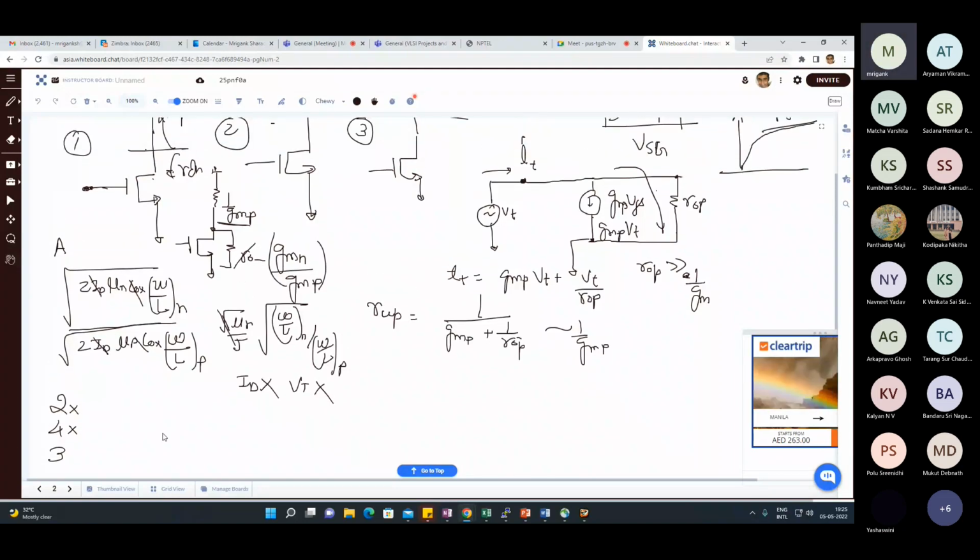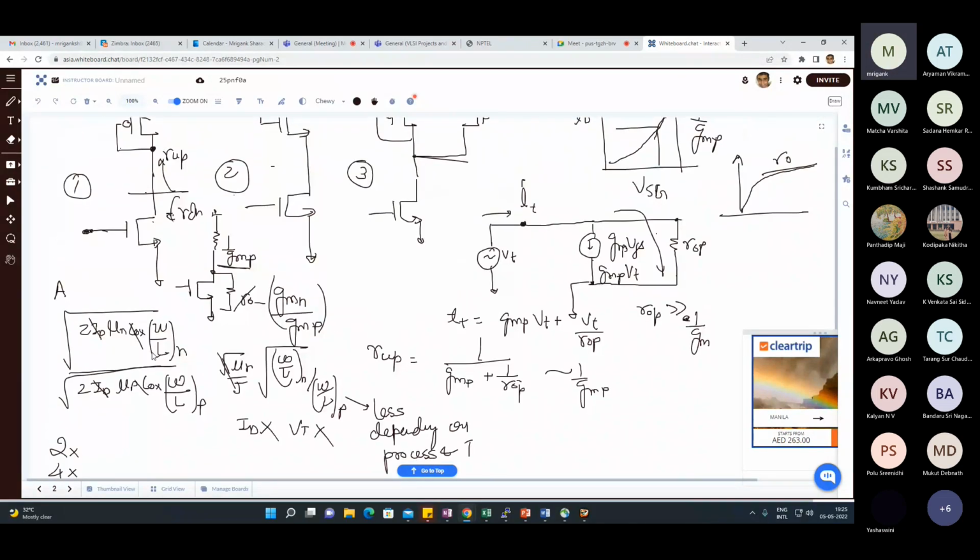Likewise, I can keep on increasing the ratio. So in terms of gain, this is more deterministic, with less dependency on process and temperature. There may be some dependency on temperature because of the mu factor, but it is much more stable.